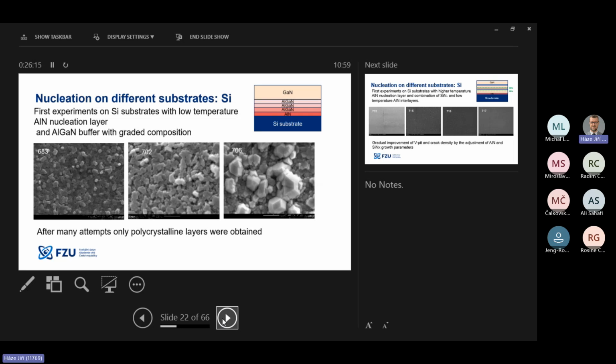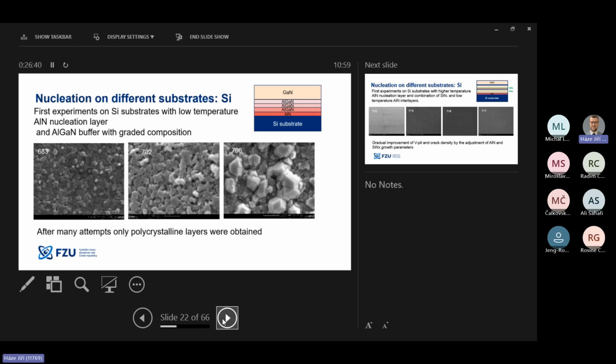HEMT structures are usually not grown on sapphire as luminescent devices are, but usually either silicon or silicon carbide are used. Silicon because it's very cheap and it makes it partly compatible with silicon technology.